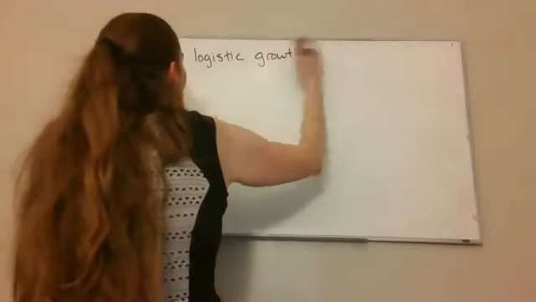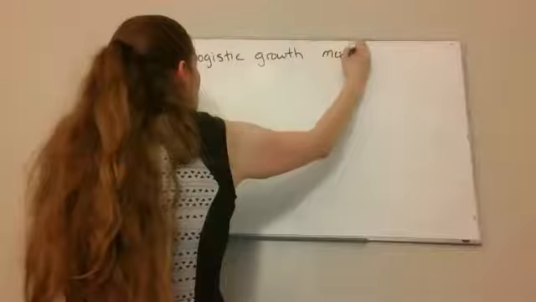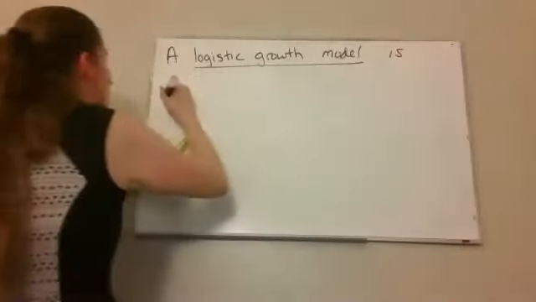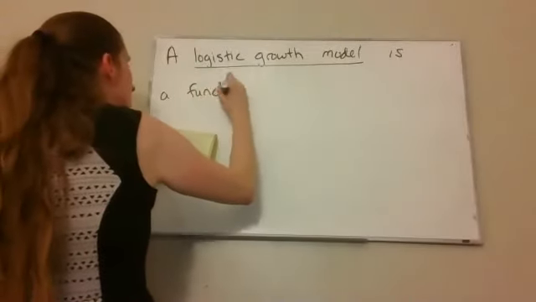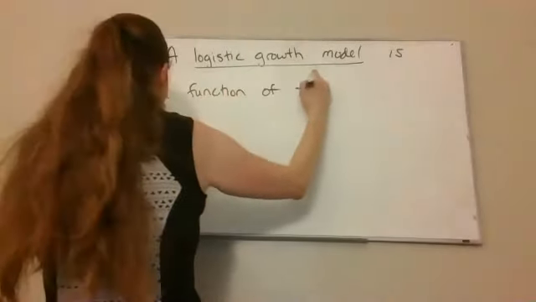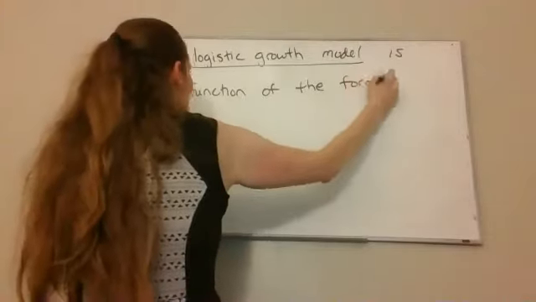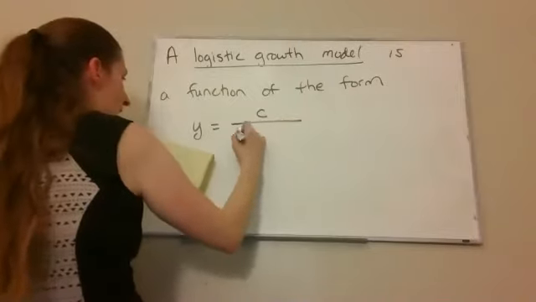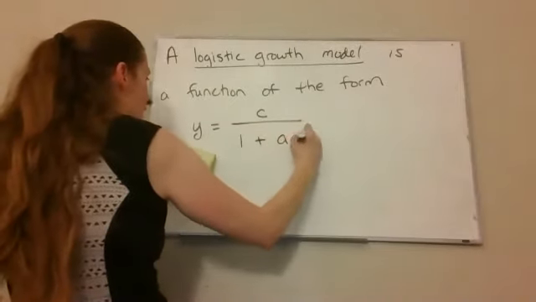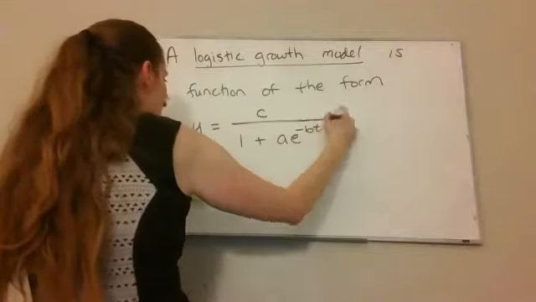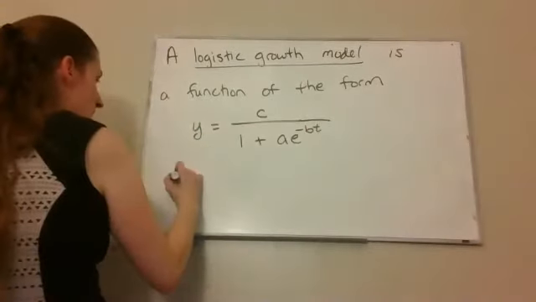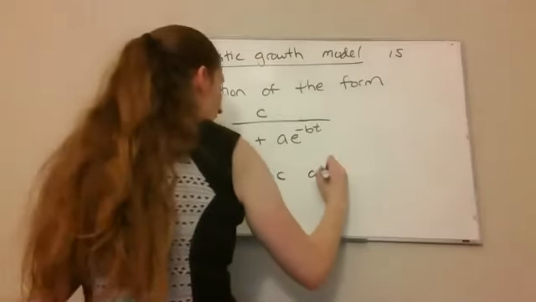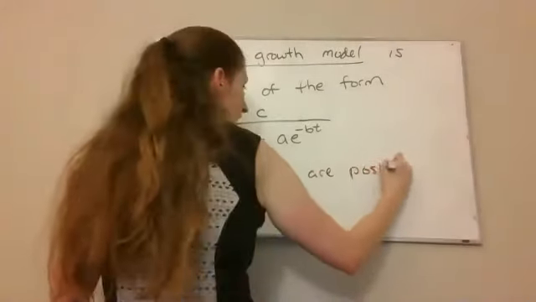So a logistic growth model is a function of the form y equals c divided by 1 plus a e to the negative bt power, where a, b, and c are positive constants.